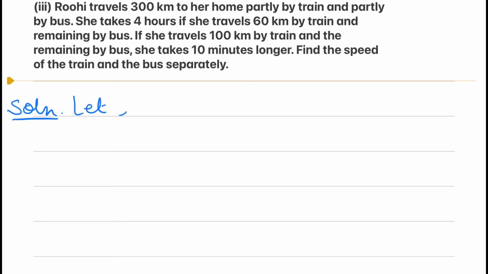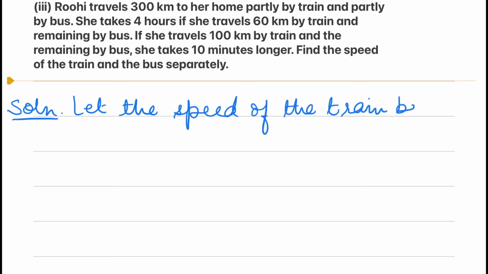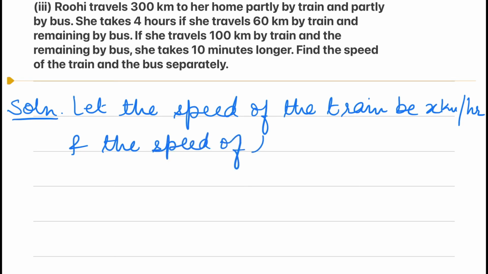So let the speed of the train be x kilometer per hour and the speed of the bus be y kilometer per hour.